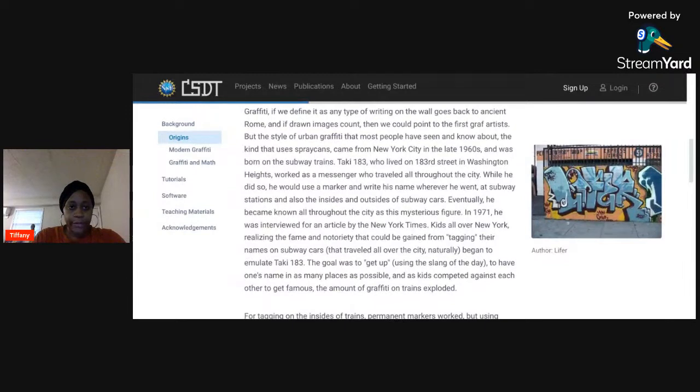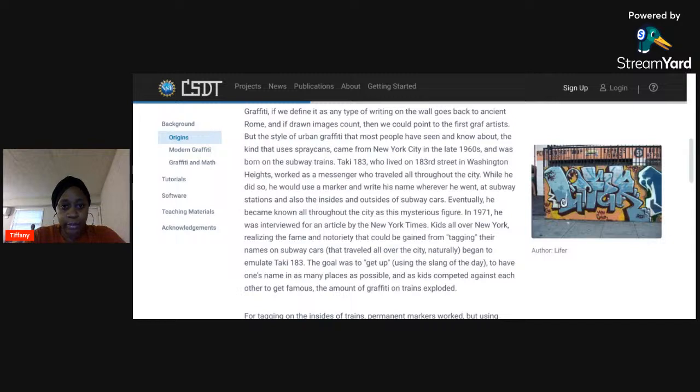So graffiti, if we define it as any type of writing on the wall, goes back to ancient Rome. And if drawn images count, then we could point to the first graffiti artist, right? It says, but the style of urban graffiti that most people have seen and know about, the kind that uses spray cans, came from New York City in the late 1960s and was born on the subway trains.